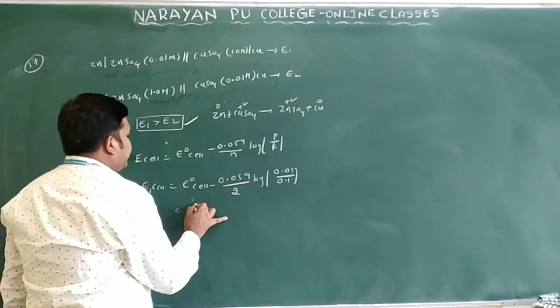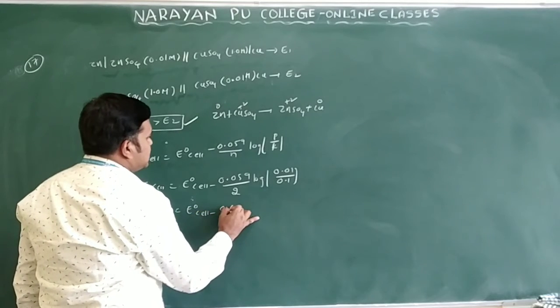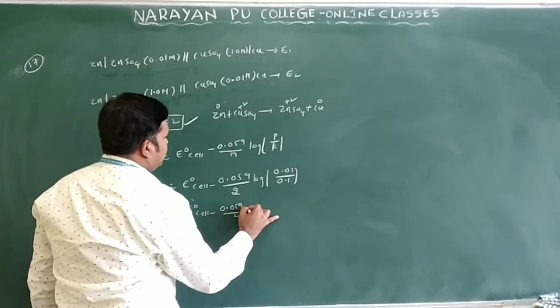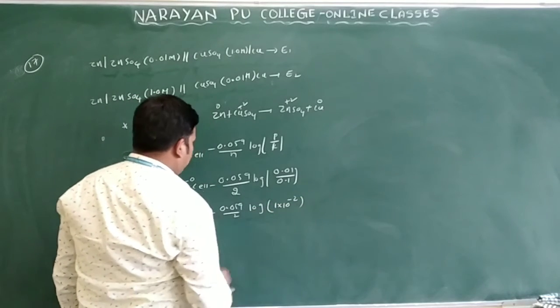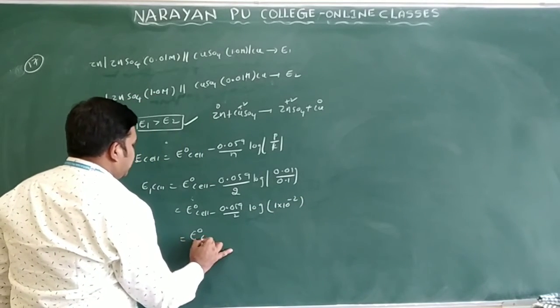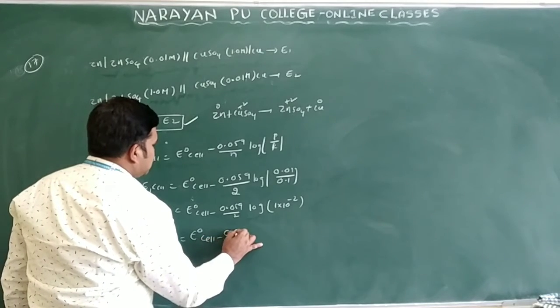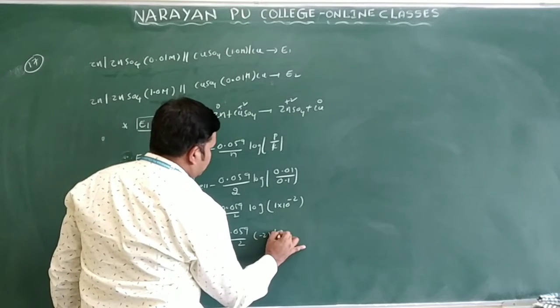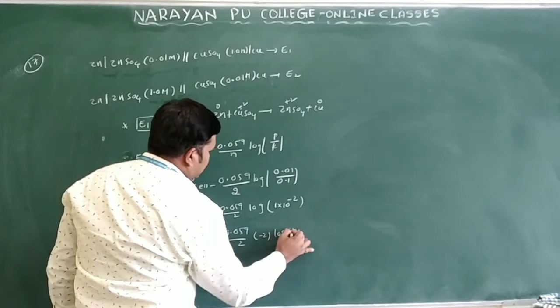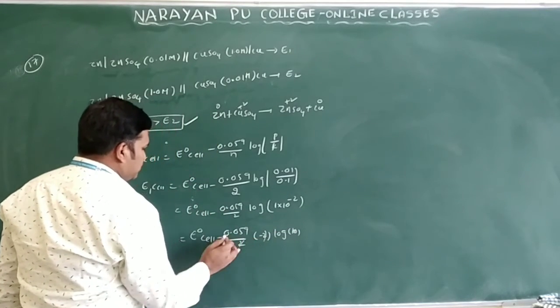So you will get E naught cell minus 0.059 by 2 into log of 1 into 10 power minus 2. You will get here E naught cell minus 0.059 by 2, this we will write minus 2 into log 10. So the 2 cancels, minus into minus is plus.